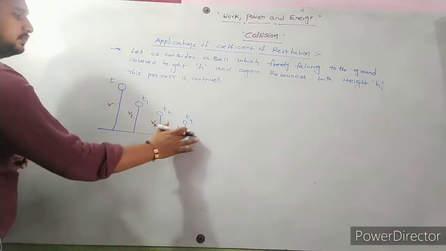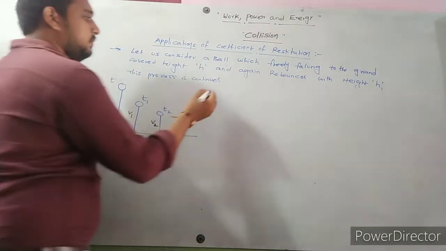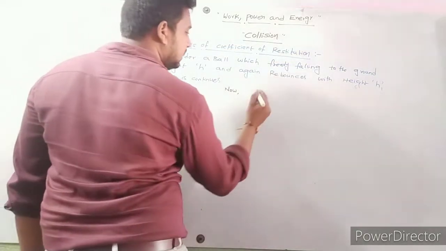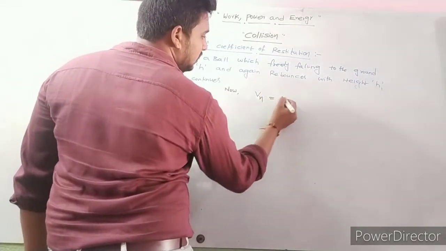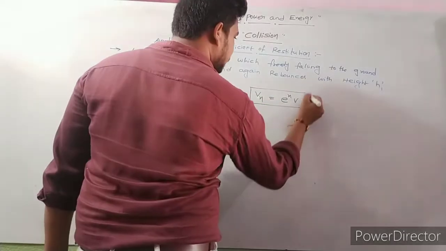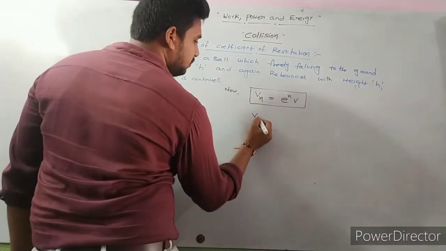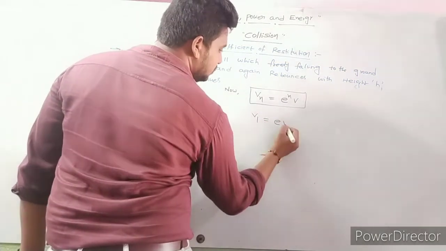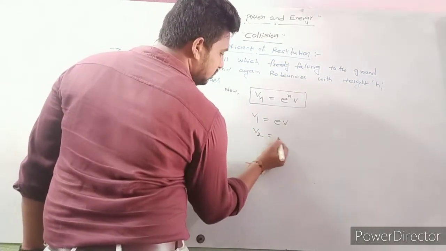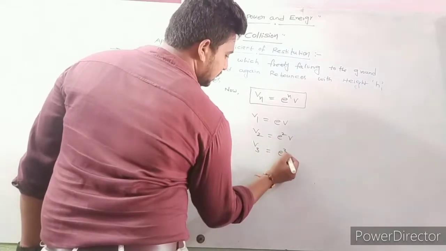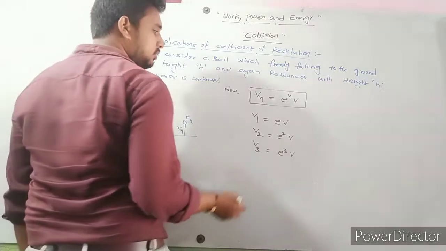So now vn is equal to e power n into v. That means v1 is equal to e into v, v2 is equal to e square into v, v3 is equal to e cube into v.